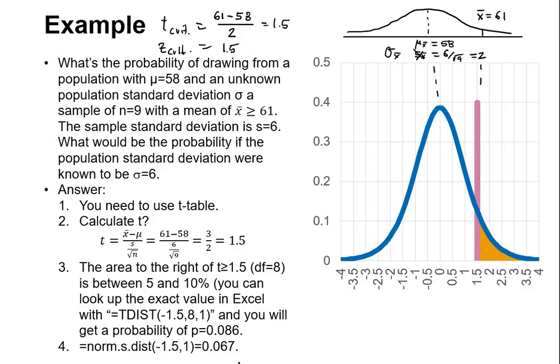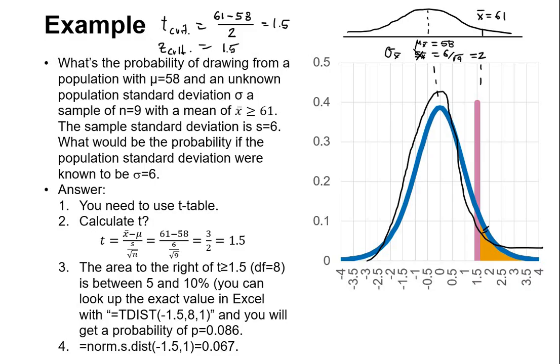And if we enter into Excel the function NORM.S.DIST for the area to the left of negative 1.5, and again cumulative, you see we get 6.7%. So this area is actually much less. Of course we also have a different distribution, so the distribution would maybe look something like this. I'll try to draw it, but there's maybe less uncertainty in the tail. So that's how you can think of it. It shaves off some probability.